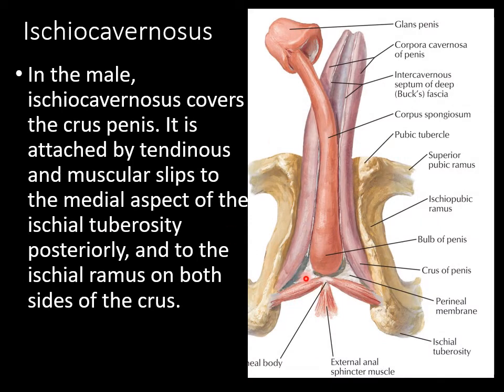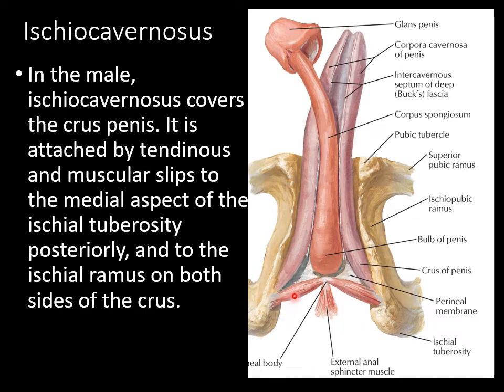Then the other muscle present in this superficial perineal pouch is the ischiocavernosus. The ischiocavernosus muscle covers the crus of the penis. It is attached by tendinous and muscular slips to the medial aspect of the ischial tuberosity posteriorly and to the ischial ramus on both sides of the crus.